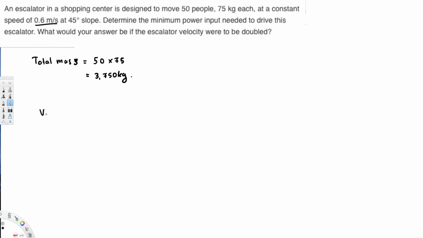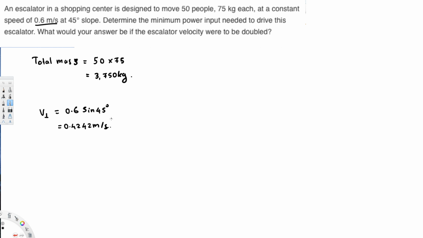So this vertical component is equal to 0.6 sine 45, which gives us 0.4242 meters per second. So now we have calculated this velocity and the mass, and let's see how we can apply this to find the power, right?